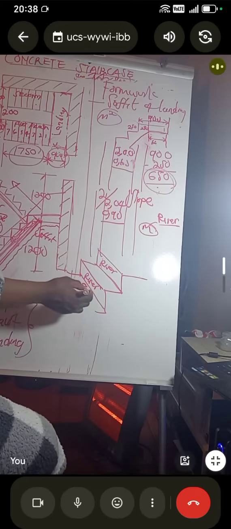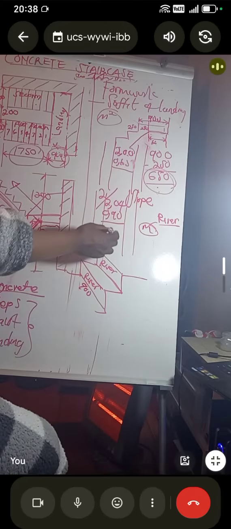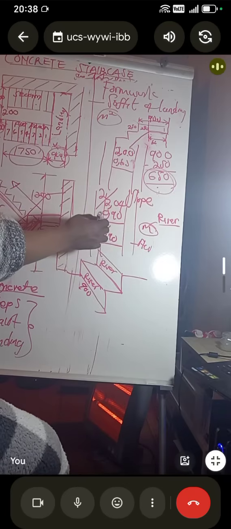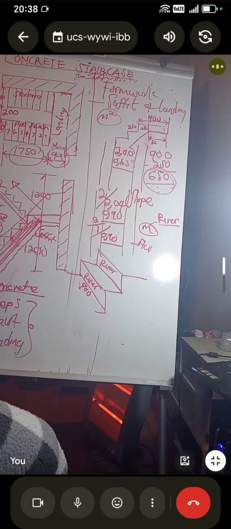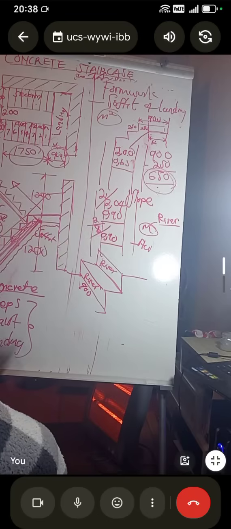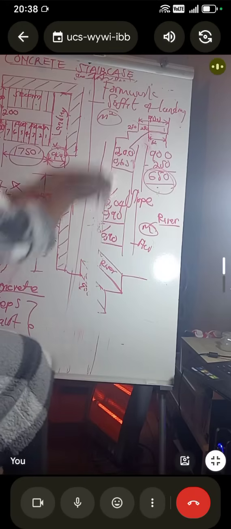This is 900 going like this. I have 900 on the steps, and they are 8, the first floor and the second floor.